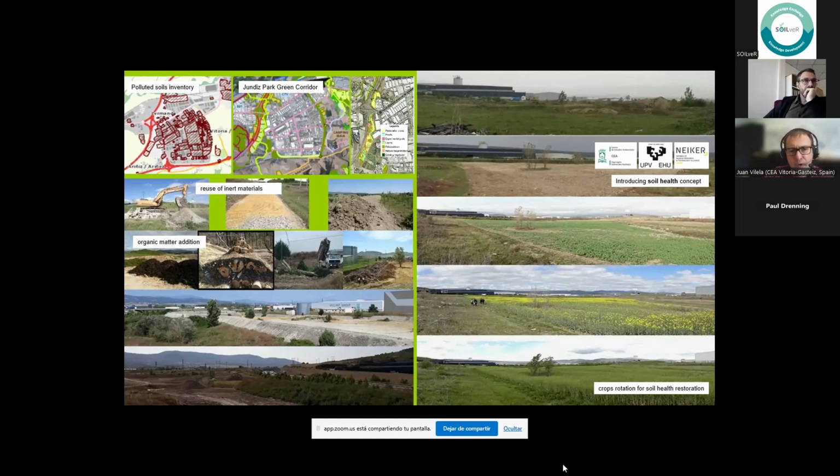You can see how we were doing these mounds called hugelkultur, which is the technique of burying trunks. And this was all organic waste from the municipal facilities. So we used this site as an experiment for these new techniques, trying to reutilize all the materials on the site. For instance, some of these inert materials were transformed into roads or into acoustic barriers or visual barriers for the site.